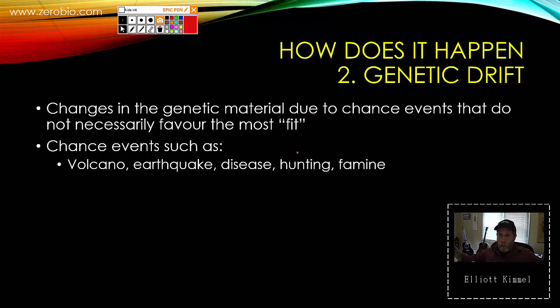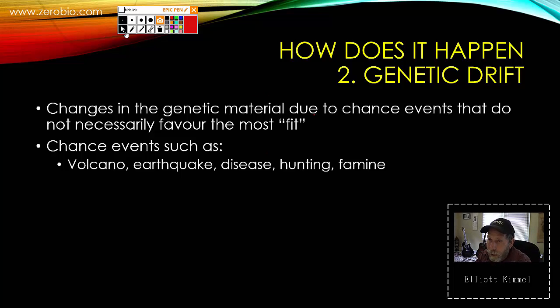If a volcano erupts, the organisms that are really adapted to survive don't necessarily survive. They might by accident be wiped out. Or an earthquake, or if a disease comes along, it doesn't pick and choose. Or if there's hunting and the organisms are just standing around, they could be killed, or if there's a famine.